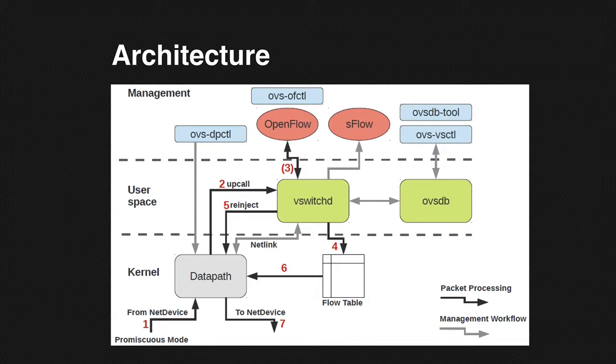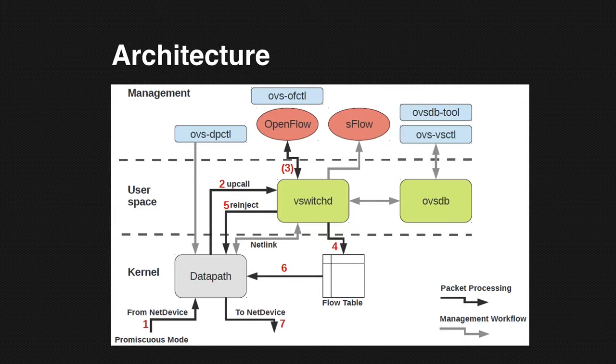OVSDB, the OpenVSwitch Database, is an application that carries everything OVS related in one single database with information about this switch, its configuration, its state, and all that. For every switch in the database, and in OVS there can be multiple, there will be a separate vswitchd process running, and the data path module, depending on the interface it got a new packet coming in, will be consulting with that particular vswitchd instance.